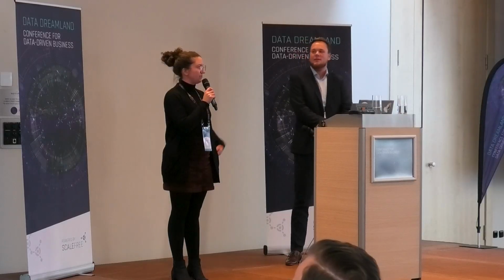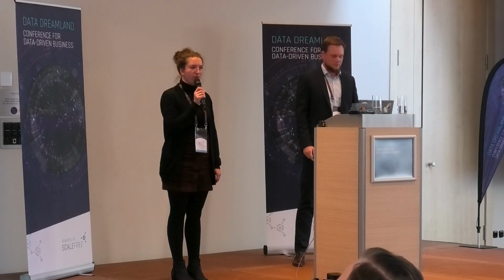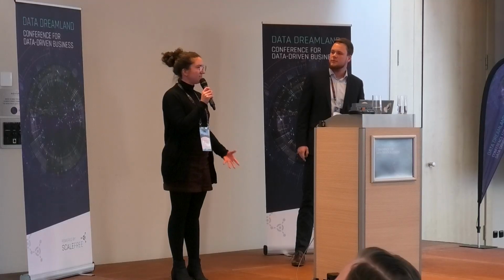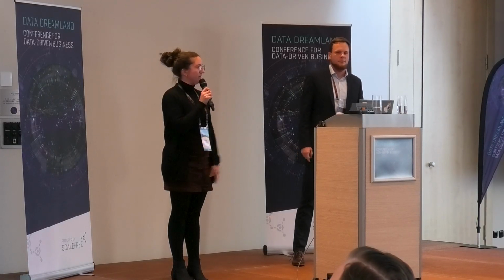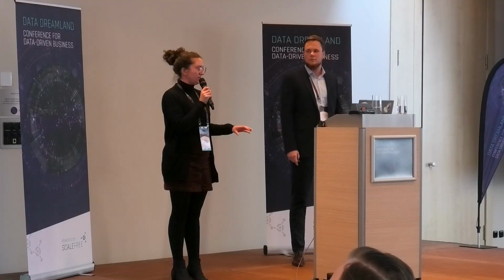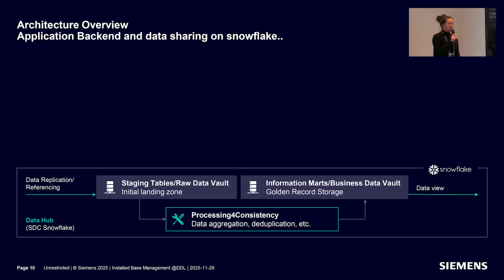So, as Johannes already mentioned, we have a common data model from 2 years ago. It was hard work to find that common data model so that everyone is talking about the same stuff. And for that, we decided on Snowflake and Data Vault for the database, of course. We have 3 layers: the staging and landing tables, where all the source data are thrown in.